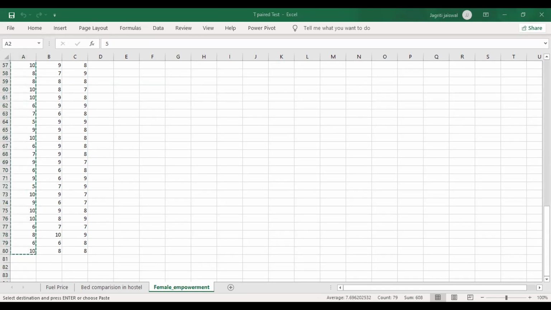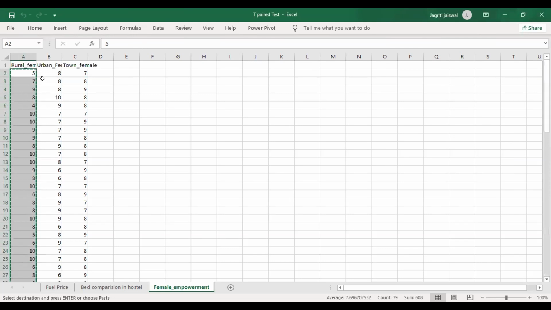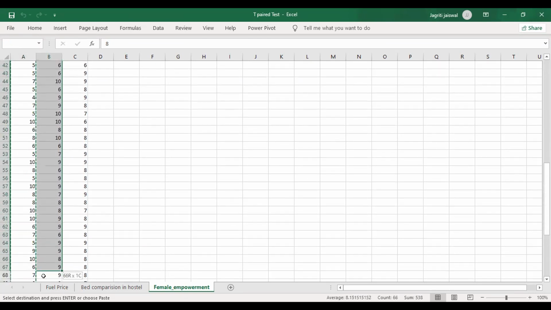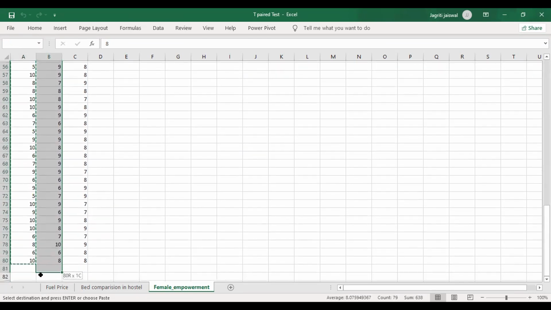These data are part of my survey; I conducted one survey and collected this data set from there. The town area was like semi-urban areas, and rural areas are at a distance of 100 or 200 kilometers from the city, and the main city was Dehradun. On that basis, I wanted to show you whether they are the same or different, whether they are the same in their decision-making power or not.